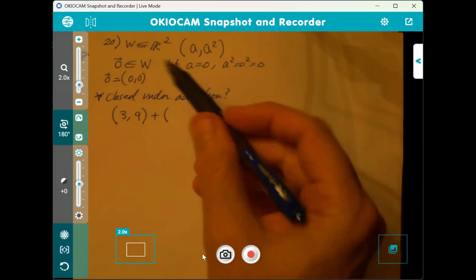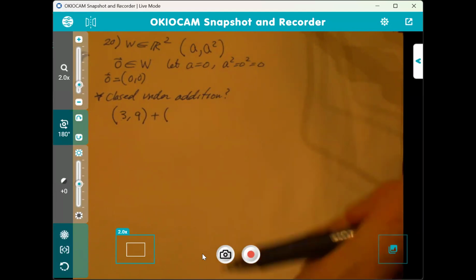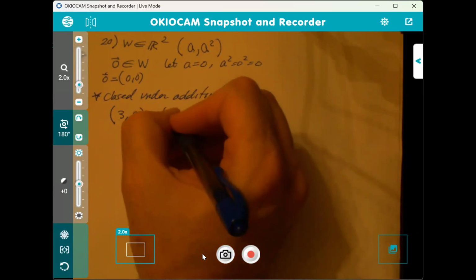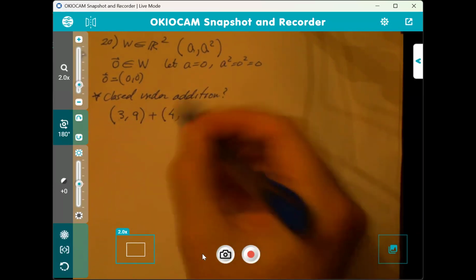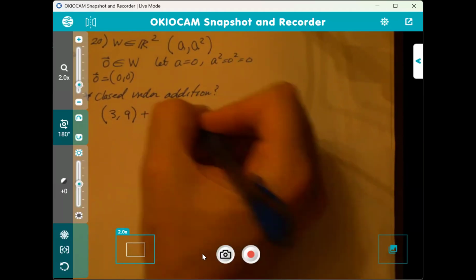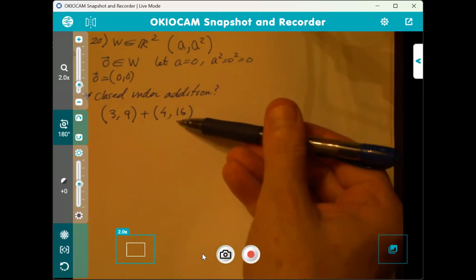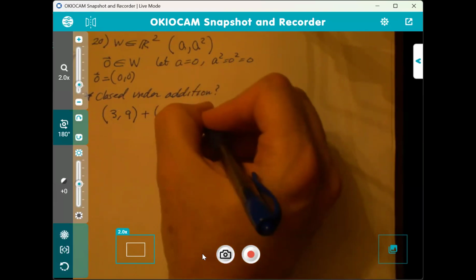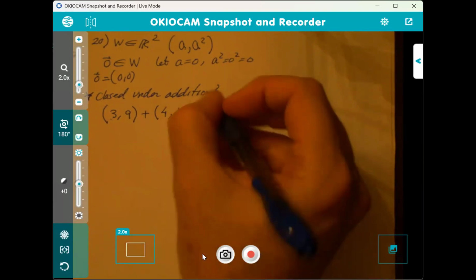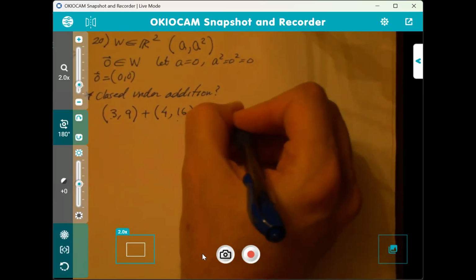Now, for the second vector, because we're going to add two vectors, see if we maintain the structure. Let's say I pick 4. How's that? You can pick any number you like. Now, the second component has to be 16, right? Remember, these are the only available vectors to us. Now, how do we add two vectors? We add the first components, so it's going to be 3 plus 4.